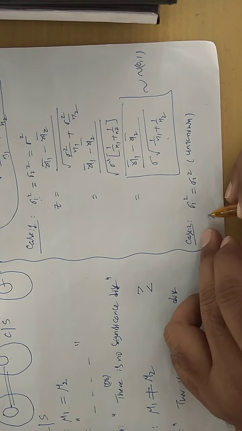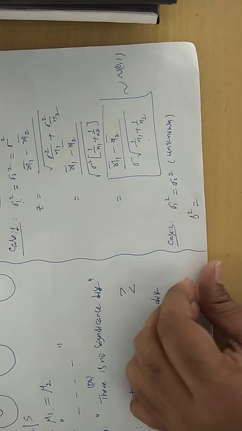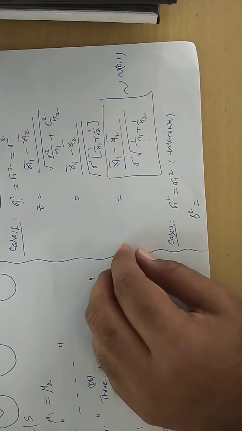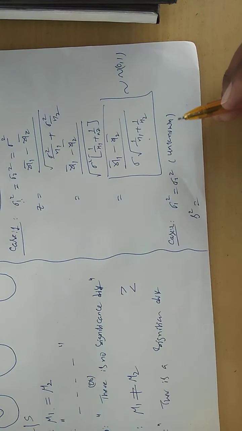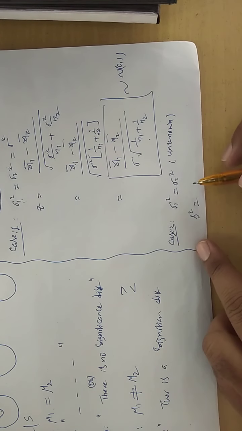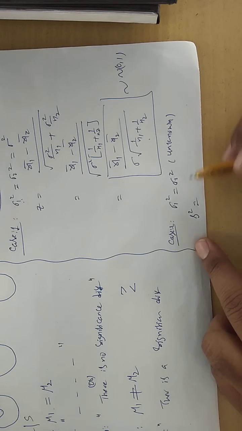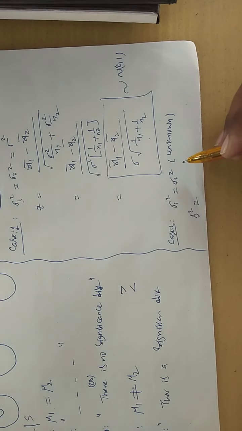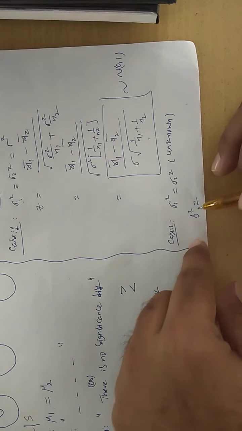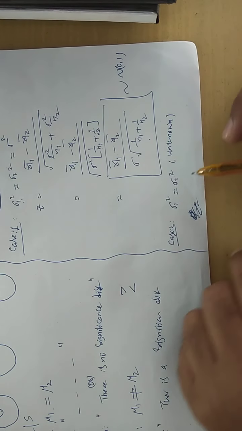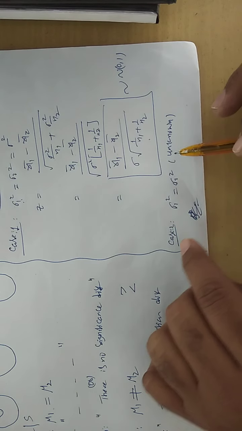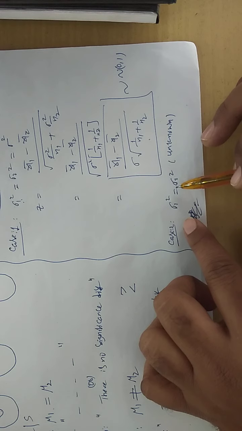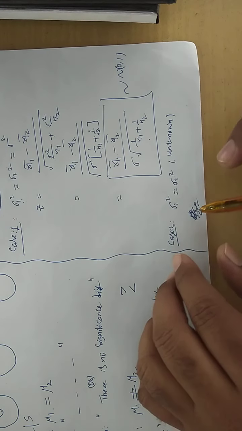So how do you represent that? S square. Sample variance notation is S square. So for this, you need to apply a special formula to calculate the sample variance. If both population variances are equal and unknown, we get the population variance by using the sample variances.